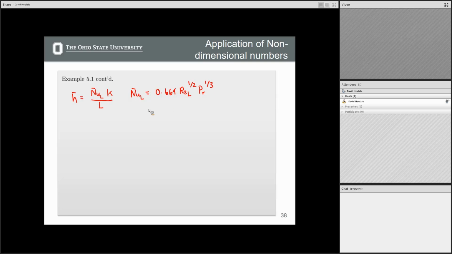So this gives us a Nusselt number. We have everything we need: we have the Reynolds number, we have the Prandtl number. The Nusselt number is 63.9.